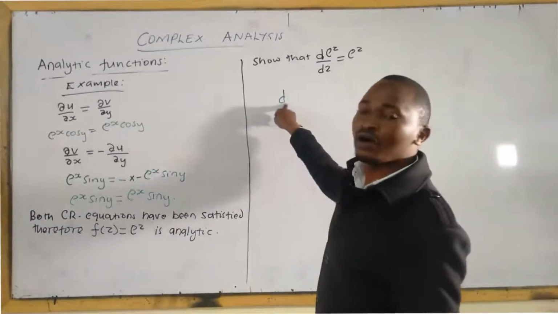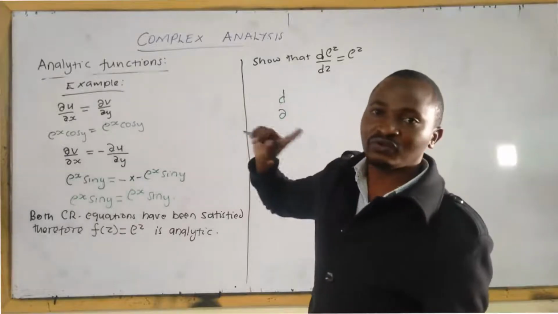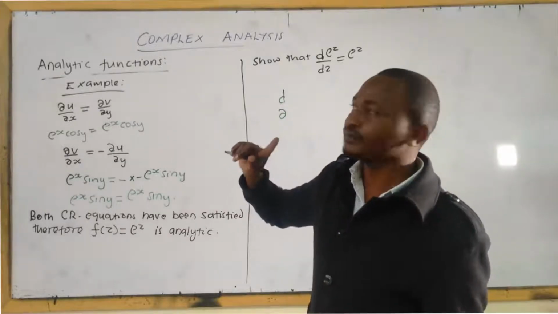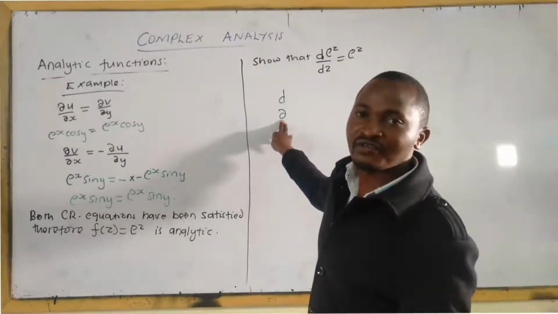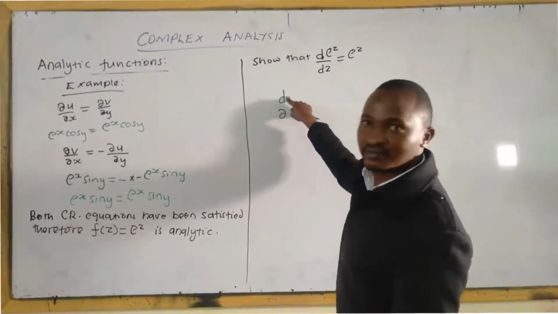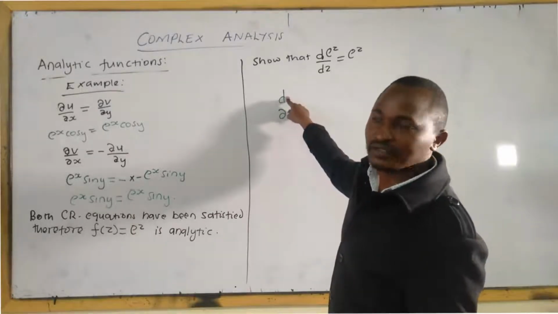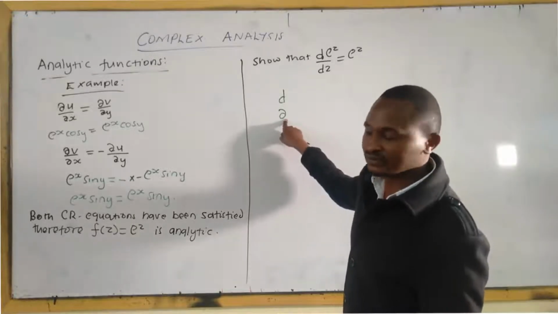This one is for complete derivative, when you have a function of one variable. This is for partial derivatives, where you have a function of two or more variables.